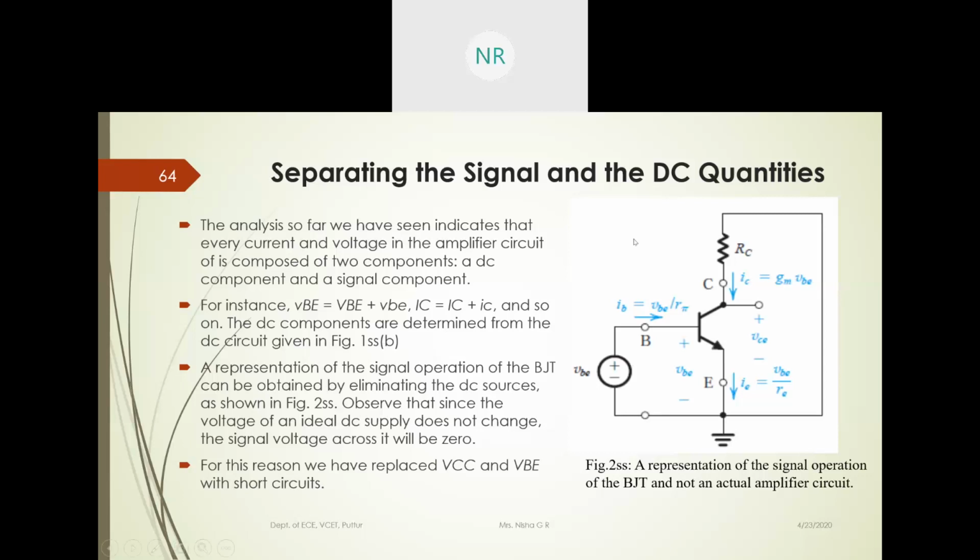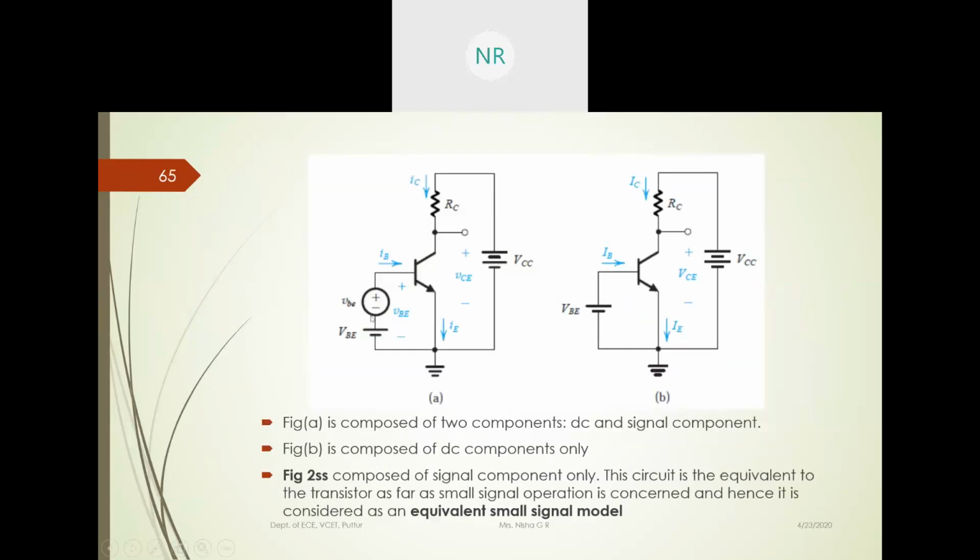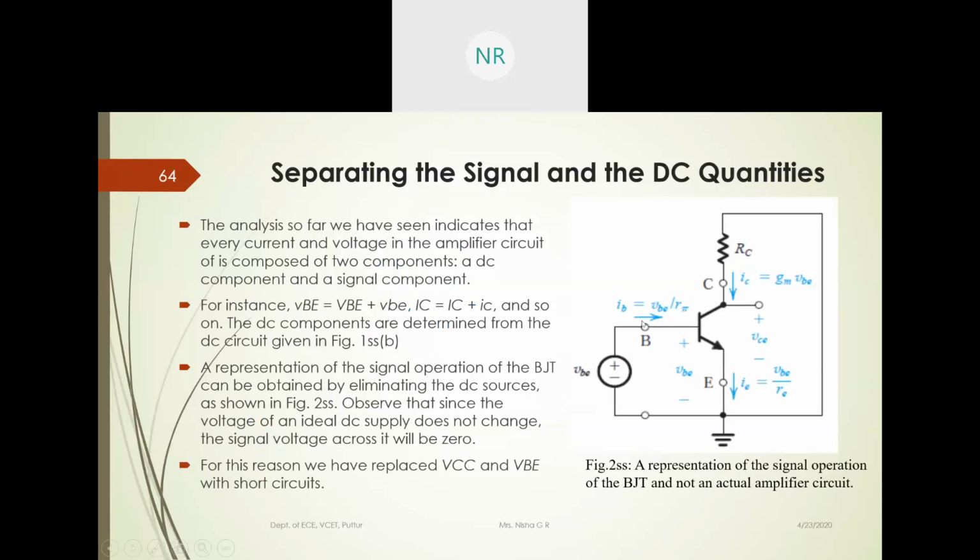The second figure consists of both the signal component as well as the DC component. The next figure consists of only the DC components, with no AC present. So we can separate the AC and DC components, and we can refer to these 3 figures.